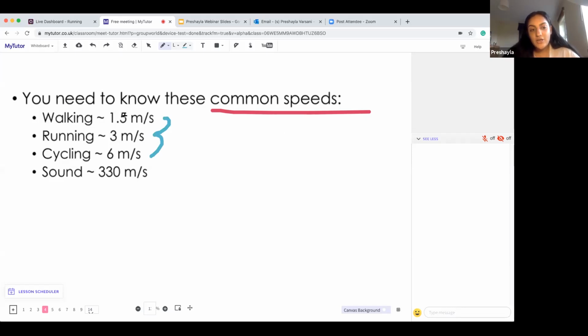So as long as you know that walking is 1.5, you can double it up and double it up again for walking, running, and cycling. So unfortunately, there is quite a lot of memorization in this topic, and that can make it quite long. Sound is 330 meters per second. Again, just something that unfortunately we have to remember.